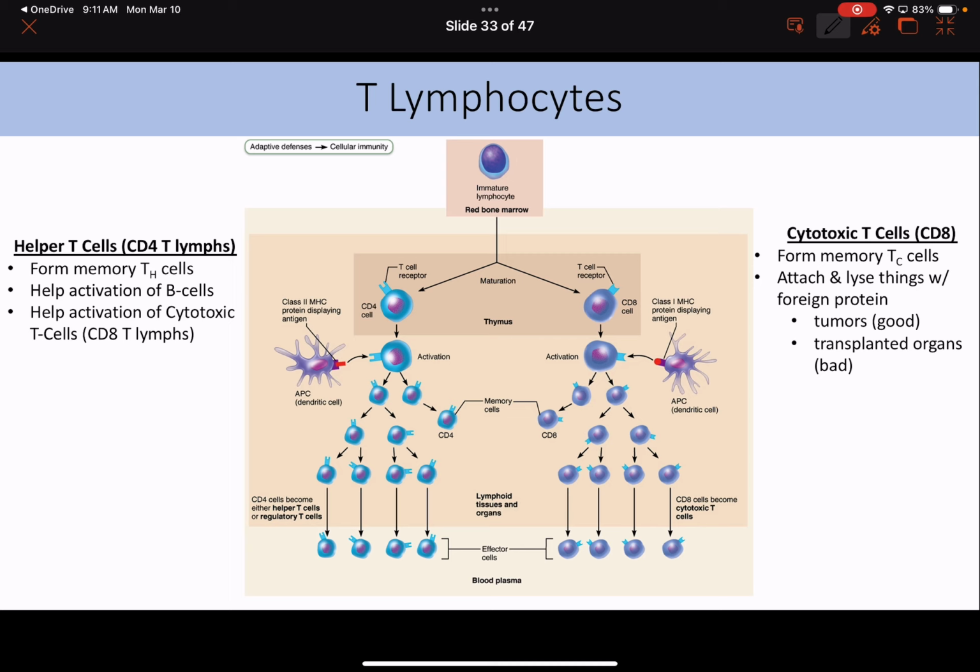We want our cytotoxic T cells to be able to fight off cancerous cells and tumors. But it's also cytotoxic T cells that will fight off a transplanted organ, which is not a good thing, which is why when people do get transplants, they get put on immunosuppressive therapies so their immunity is lowered so that they have a higher chance of accepting that transplanted organ.